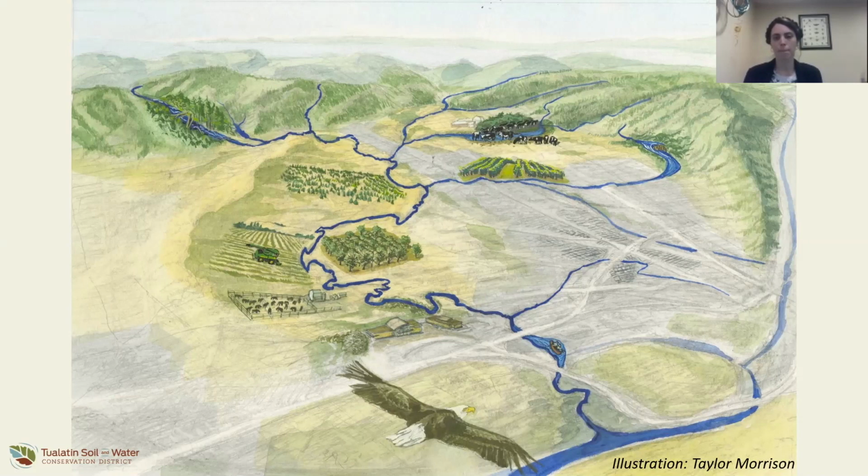Now, in nature, the saying goes that everything is connected, and this system shows that. No matter where a resource concern lies within our service area, it impacts the watershed as a whole. So we really want to make sure to be able to improve the health of our watershed.